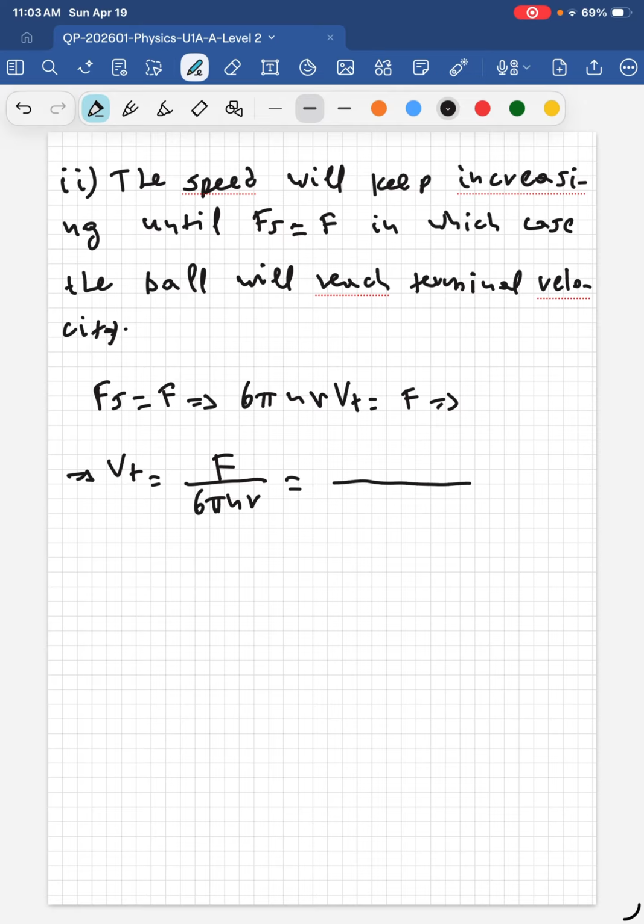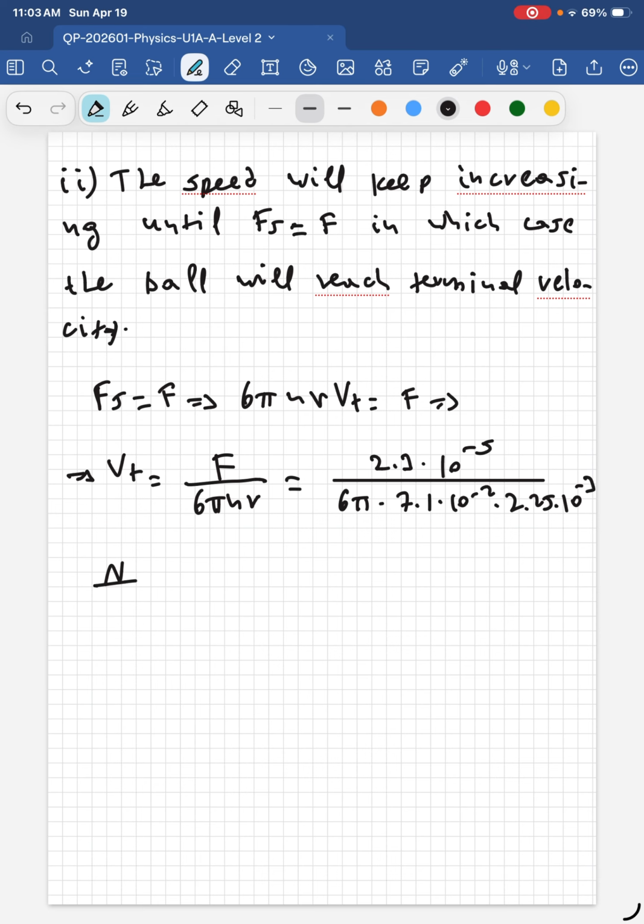So that's 2.3 times 10 to the negative 5 over 6 pi times 7.1 times 10 to the negative 2 times 2.25 times 10 to the negative 3. And the units are the forces in newtons.